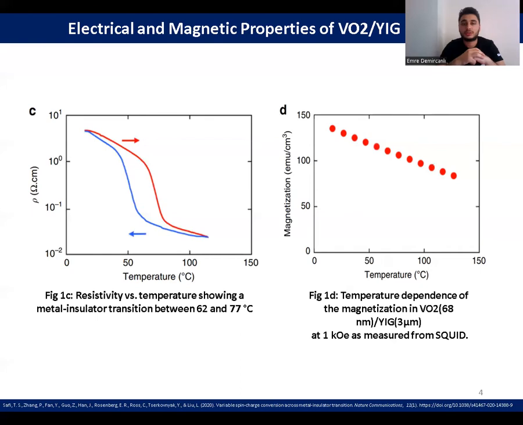In addition, the saturation magnetization of the YIG film, denoted MS, after vanadium dioxide deposition is approximately 140 electromagnetic units per cubic centimeter at 300 Kelvin. As can be easily seen in the figure, MS changes less than 30% over the temperature range in the experiment.